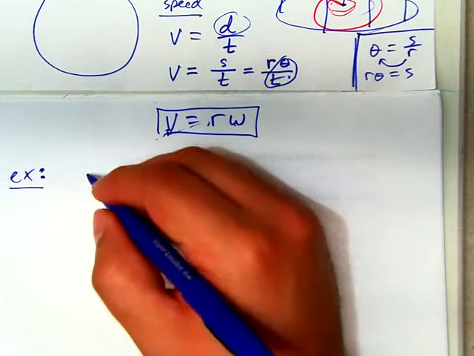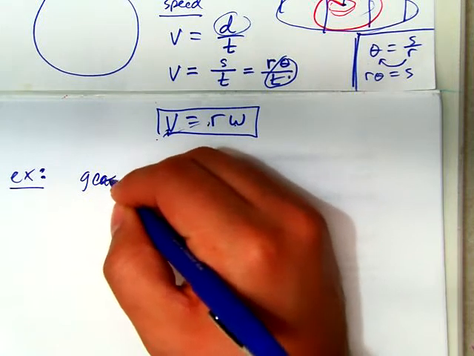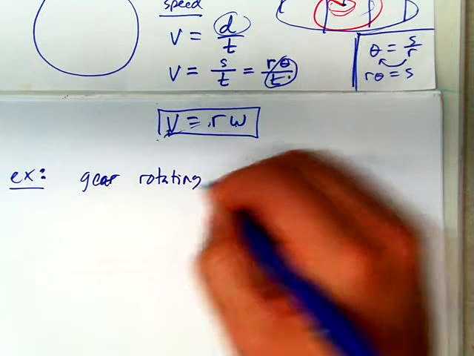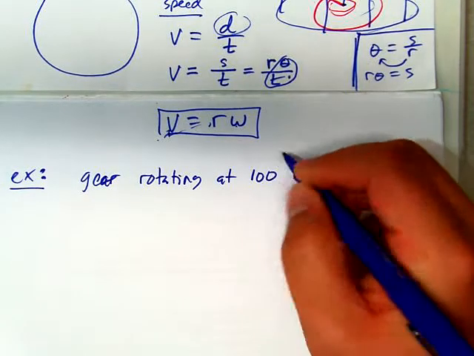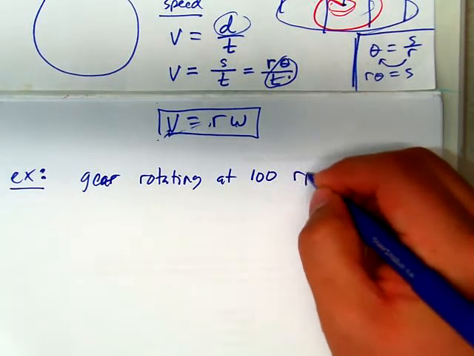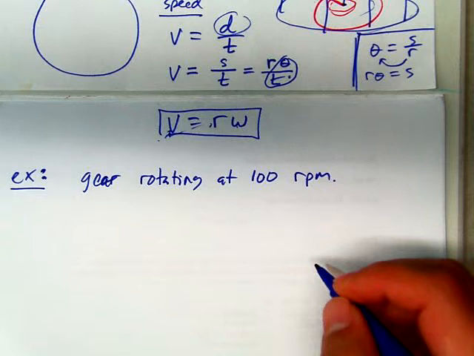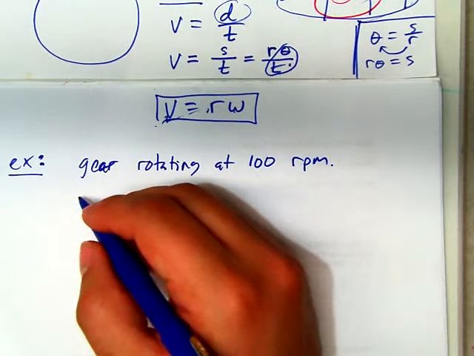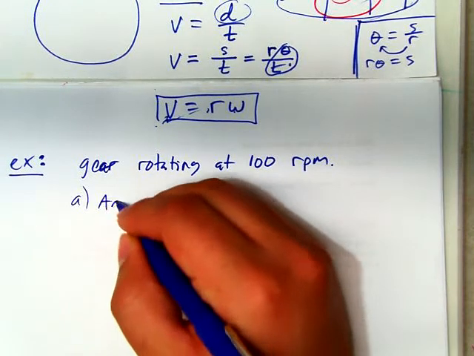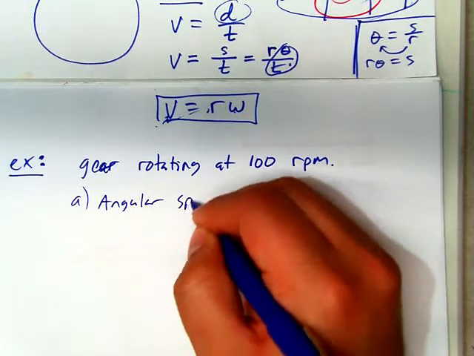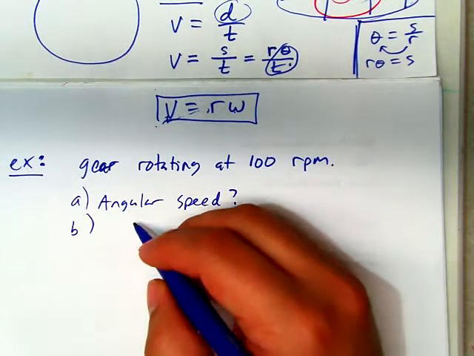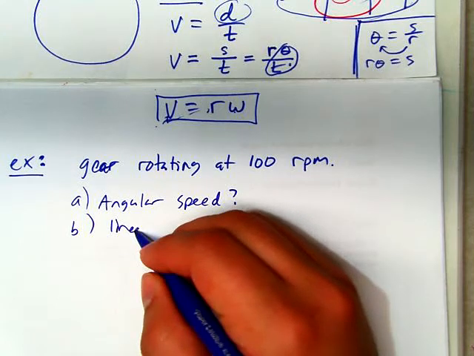Let's say we have a gear rotating at 100 RPM, which means revolutions per minute. Okay? And we want to find what the angular speed is, and let's say for part B, the linear speed.